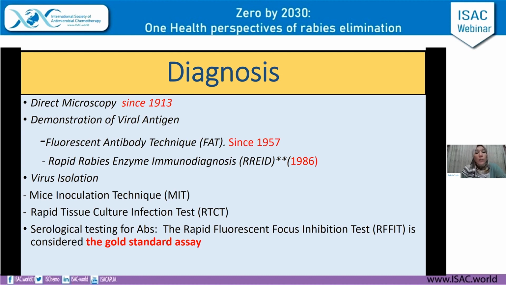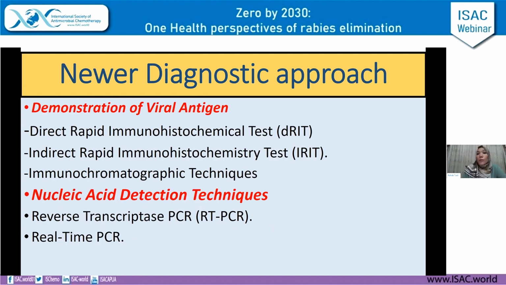Then virus isolation by mice or rabbit tissue culture, and serological testing of antibody in the serum of the patient. The new modalities for diagnosis of rabies now on the market use more rapid tests, one or two hours for direct or indirect immunohistochemical test.